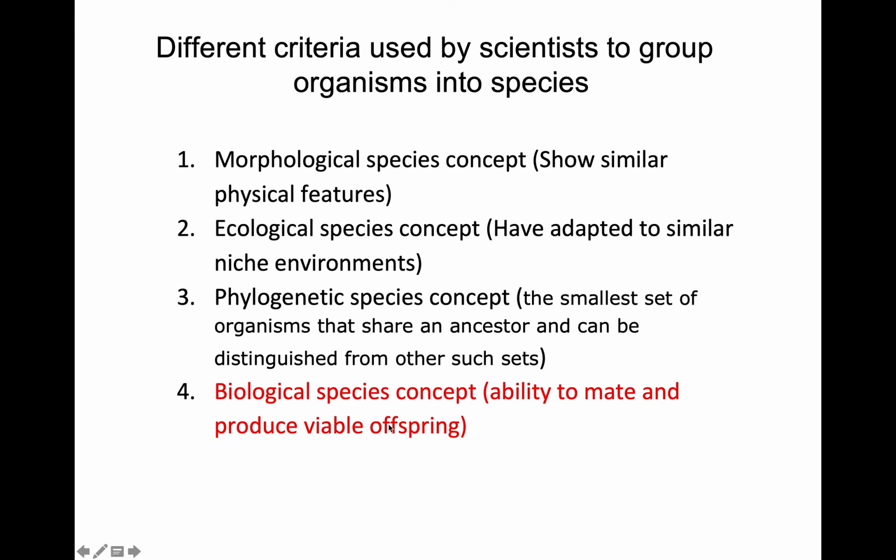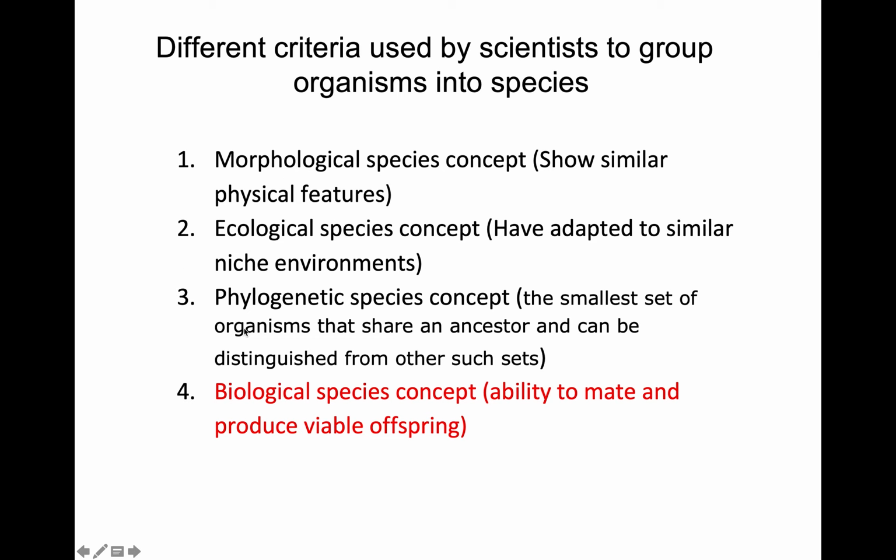Now, the biological species concept has applications to many situations, very widespread, but it also has limitations because you really can't apply it to fossils, for example, or organisms that reproduce via asexual mechanisms. So in that case, if you can't use this, then you have to go to the other characteristics.